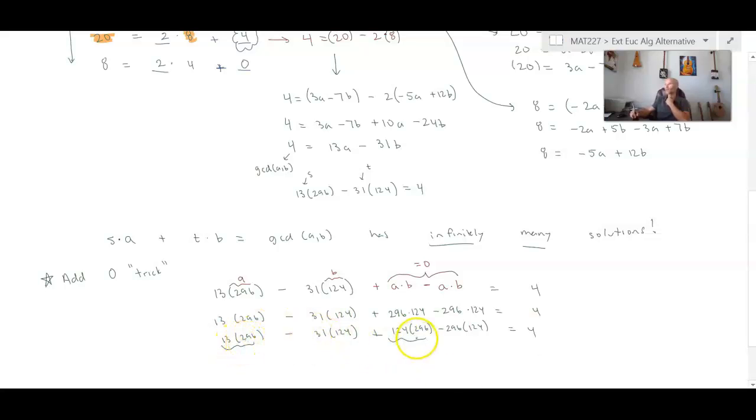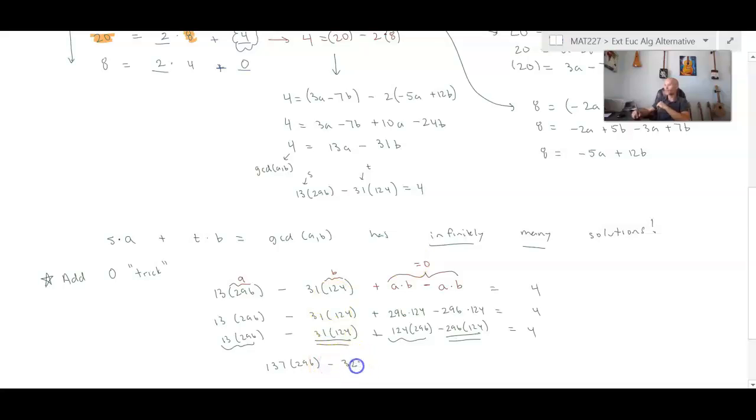If I have 124 296s and then 13 more 296s, that gives me 137 296s. And then here I have negative 31 124s. Here I have negative 296 124s. Negative 31 plus negative 296 is going to be, let's see, negative 327.